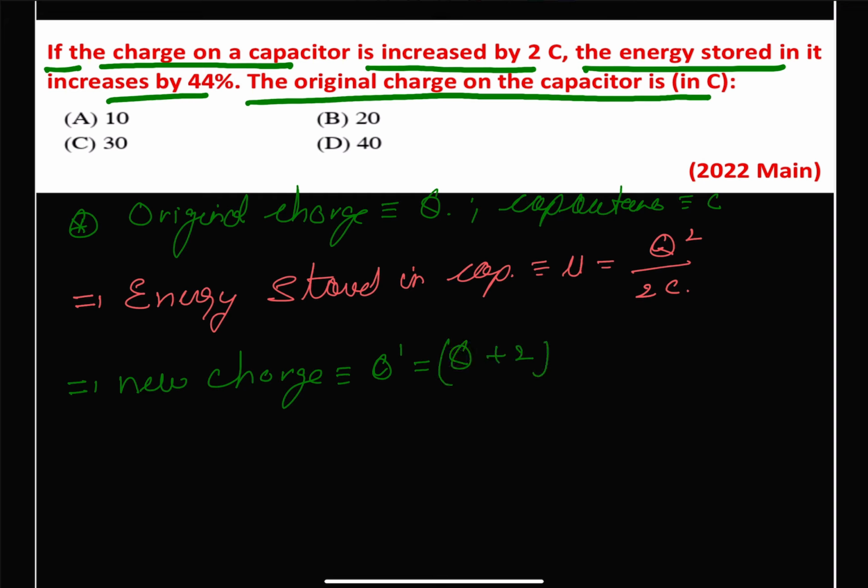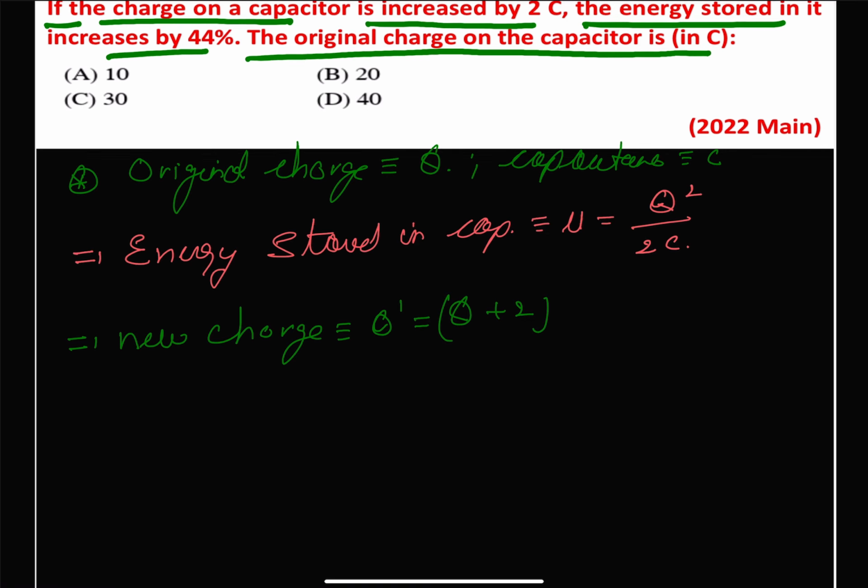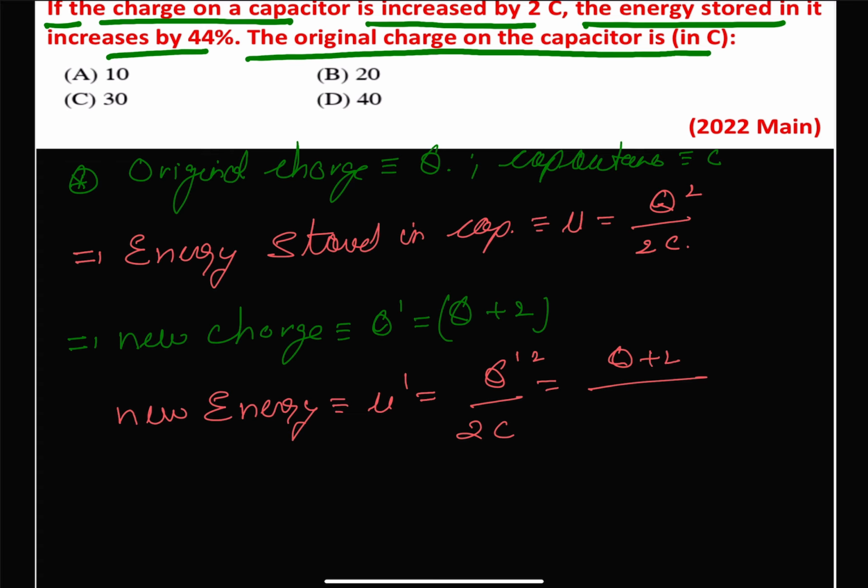Therefore new energy, let us call this as U prime, will be equal to Q prime square upon 2C, and Q prime is our Q plus 2 whole square upon 2C.